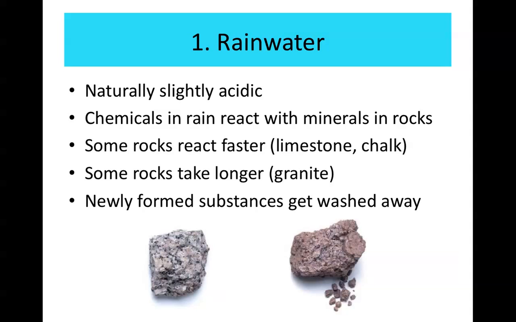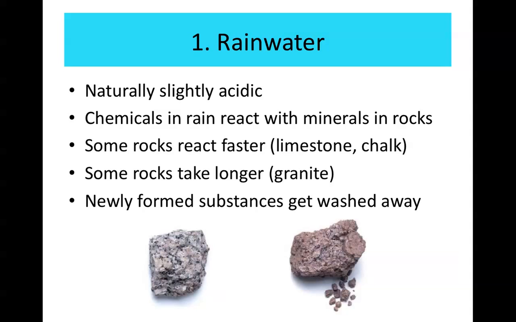Some rocks react faster and are therefore weathered faster. For example, limestone and chalk are both made of minerals called calcium carbonate. Calcium carbonate reacts with acid to form new substances, so when it rains, a chemical reaction will occur on the rock and any new substances that are formed are washed away. This leaves the rocks weathered.